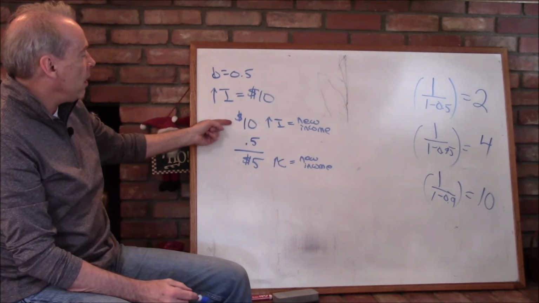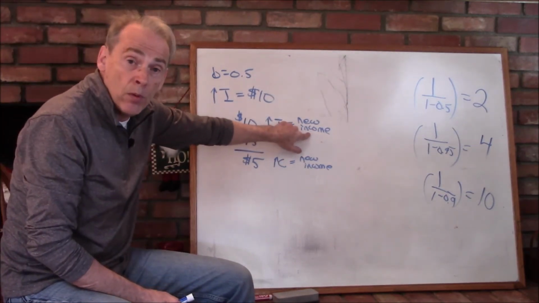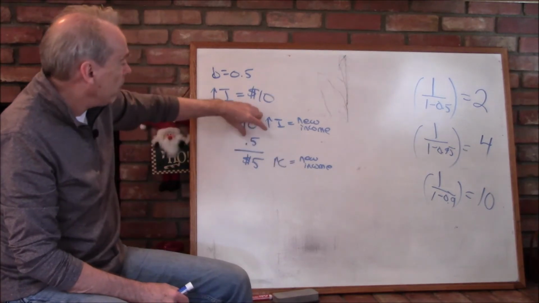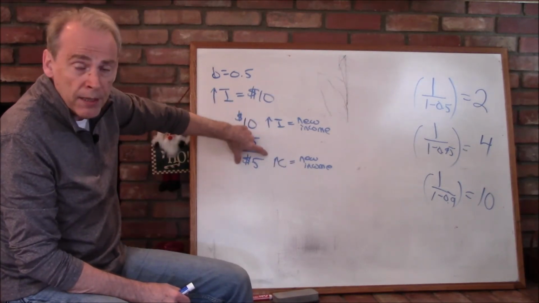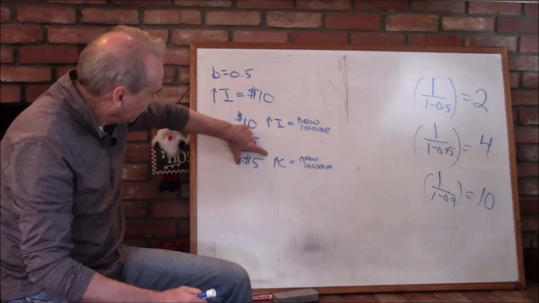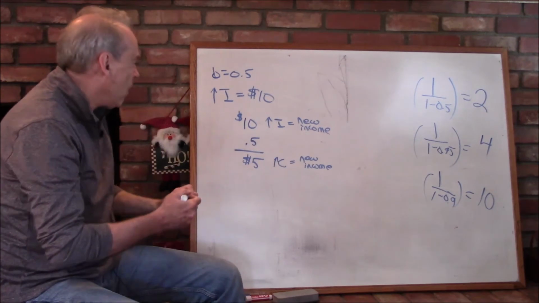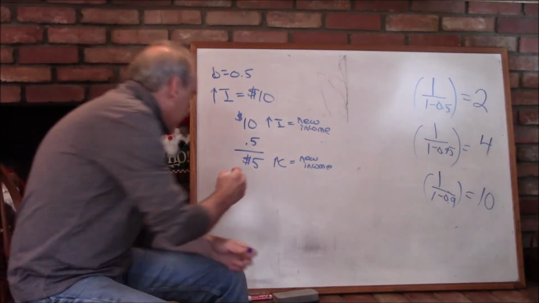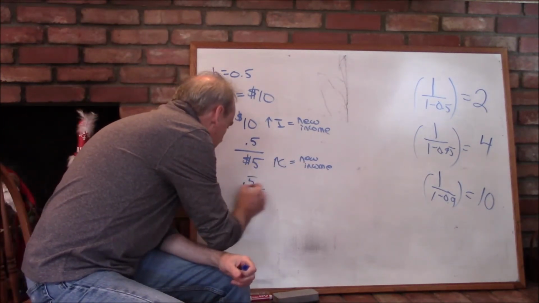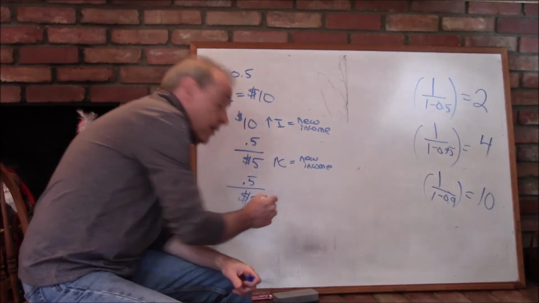TCU spends $10 on the new doorknob, which is investment for us, new income for the doorknob manufacturer. Doorknob manufacturers go to Walmart and they spend the $5 there on new fishing equipment. So that for them was consumption, and that created new income for Walmart. And then Walmart goes out and spends the money at Target.